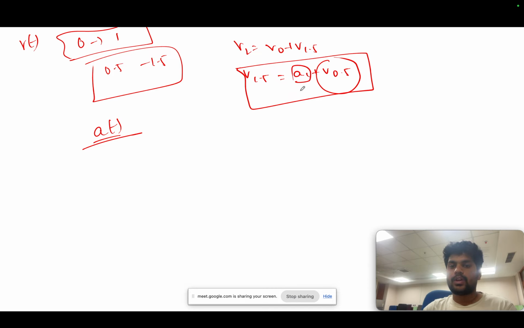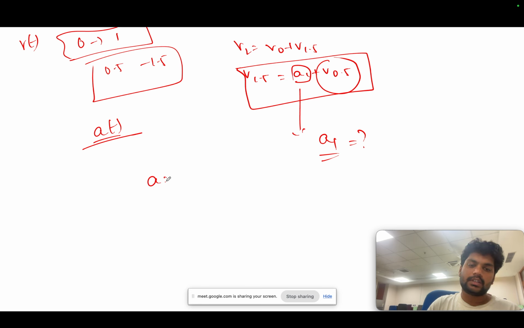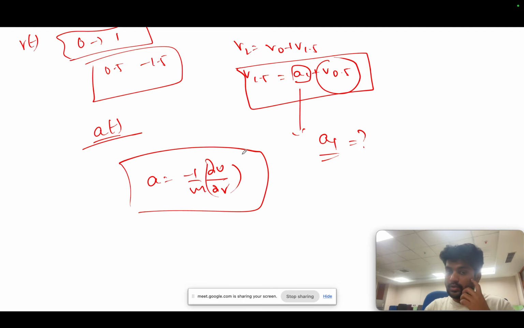So how to get a1? You know that acceleration is nothing but, you remember this formula, right? You know the bonds formula and everything. If you remember, in the last class sir taught the electrostatic potential. I will go through the electrostatic. You know the formula of electrostatic.